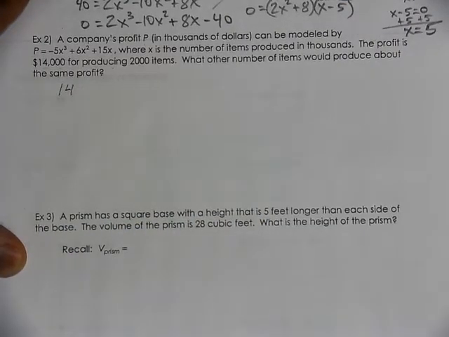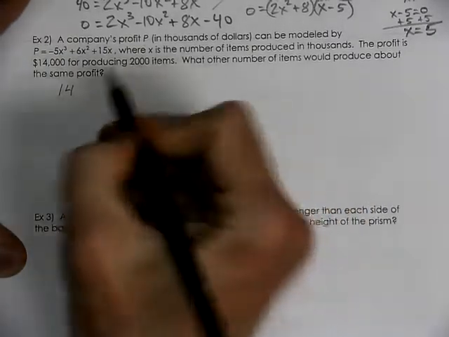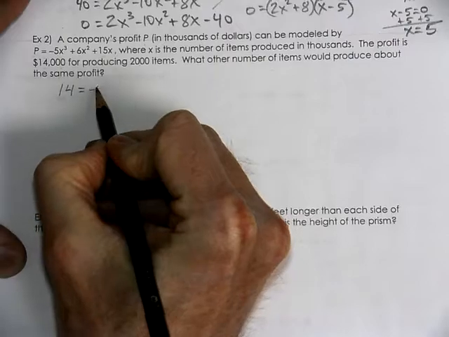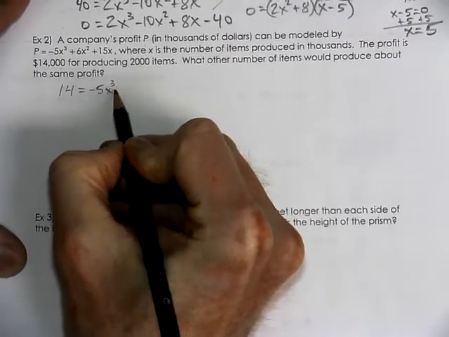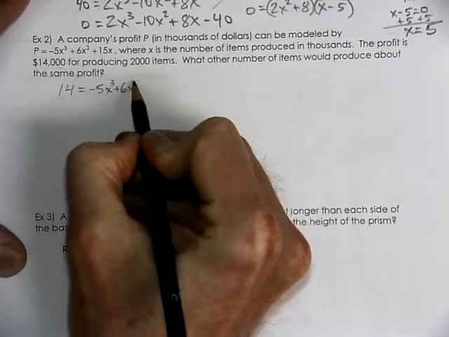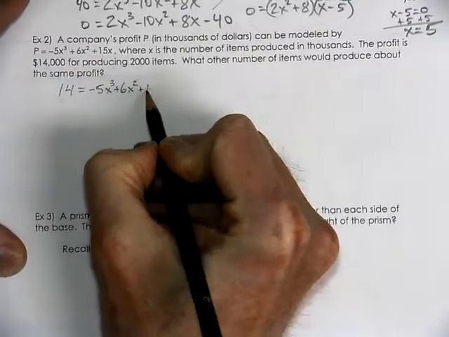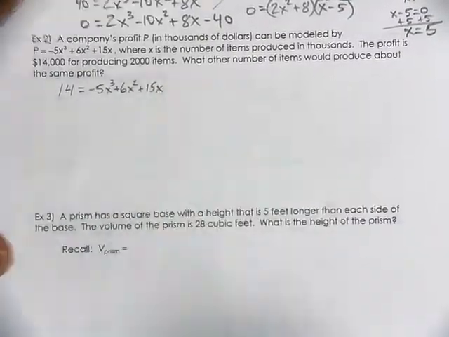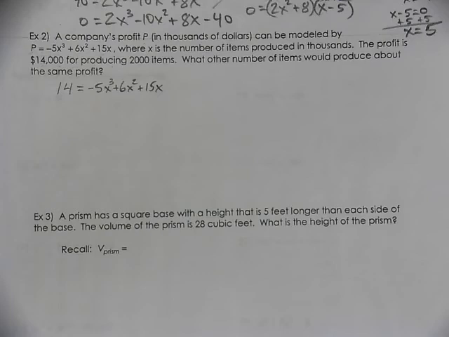The profit in thousands, so we say 14 because that represents 14,000. There's a way to do this with your calculator, and we'll show you that. But first, we want to do this algebraically.